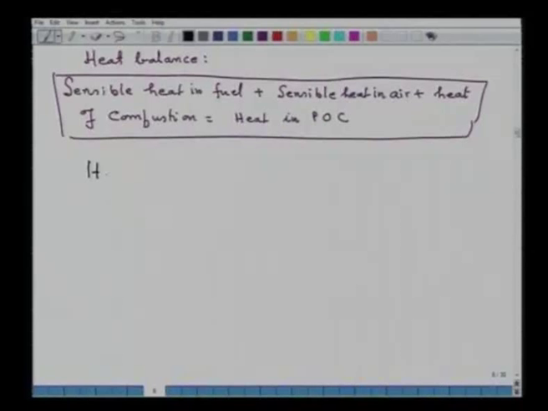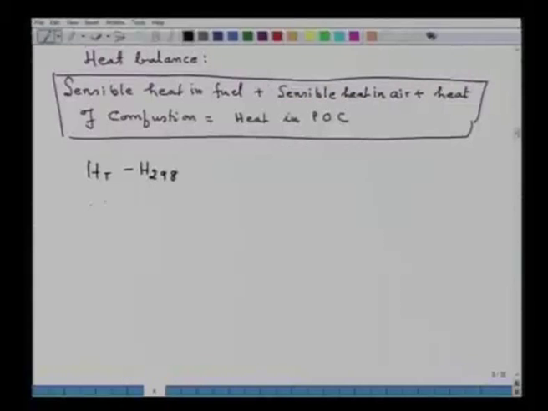Or the other way around, you can also take help of the heat content table, because the HT minus H298 heating values are listed at several temperatures for different types of gases. Both ways can be done. You can either integrate CpdT or you can take HT minus H298 values.